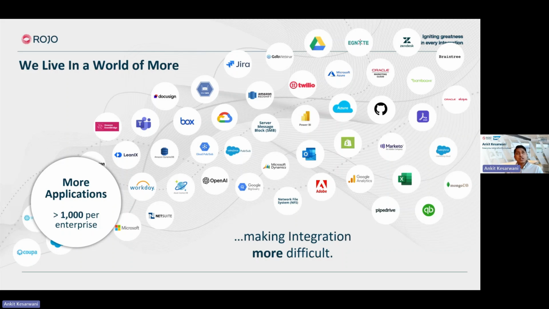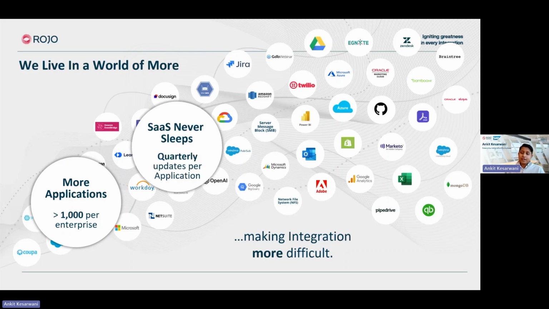So for the integration team, it becomes quite a task that for every new application onboarded in the enterprise, and for every new update, we are first able to deliver those integrations, and then from an operations standpoint, absorb the changes coming in the applications with each update. And as an integration team and as an enterprise, it is not an easy task to do, right?